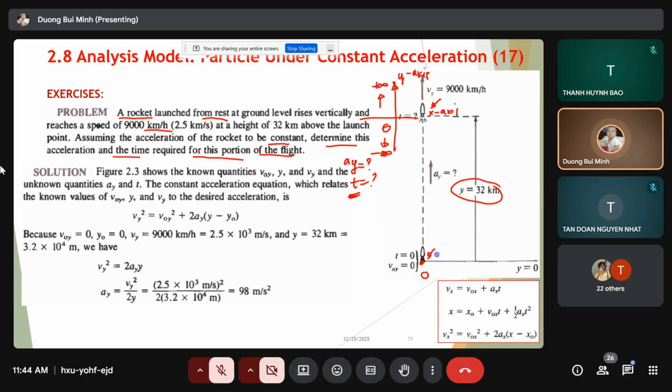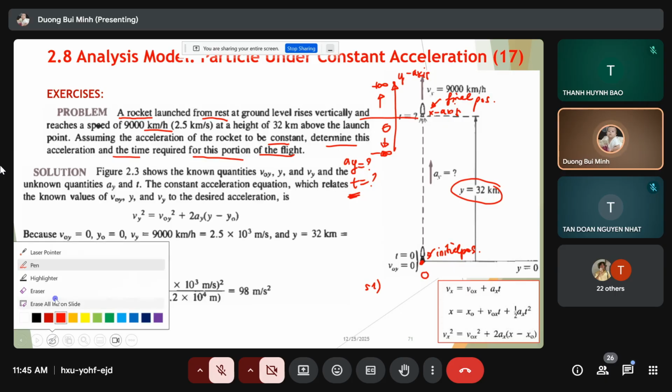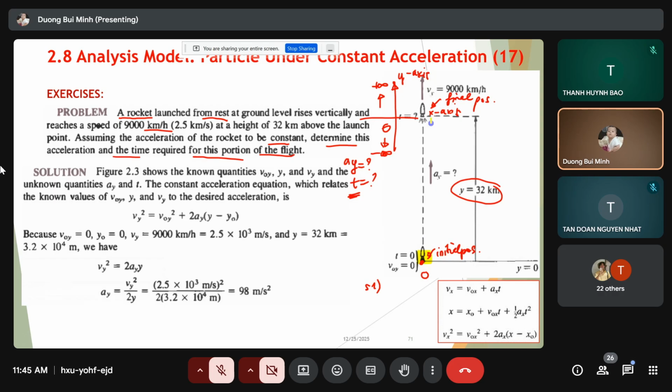So step one: this is the initial position, and here is the final position.